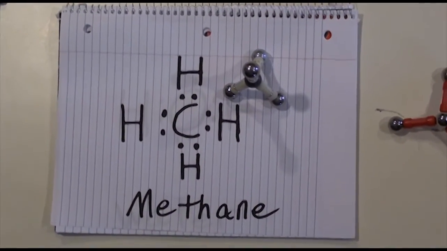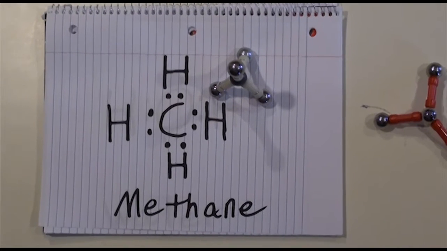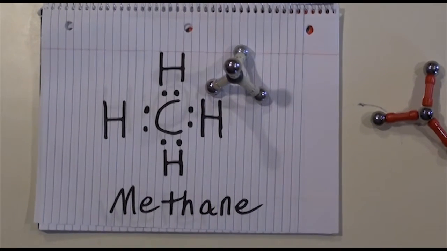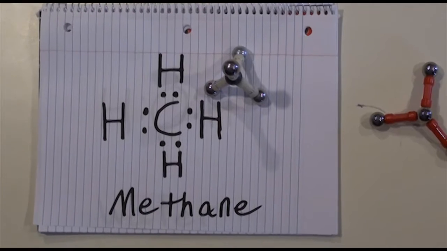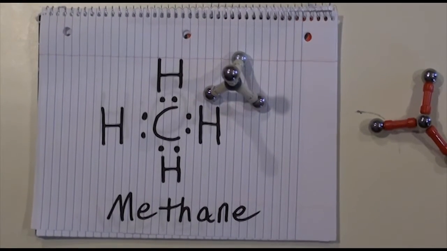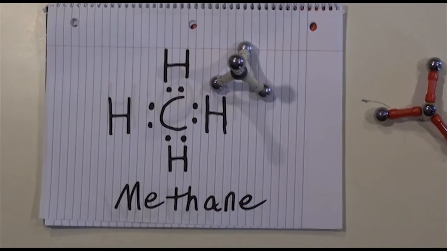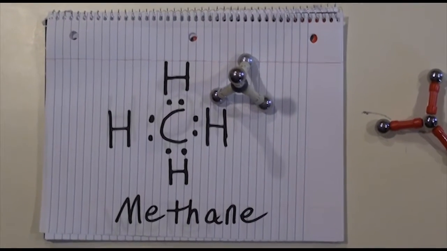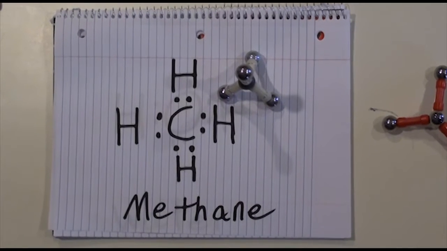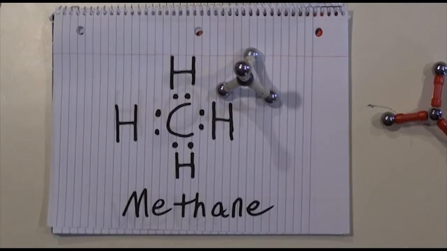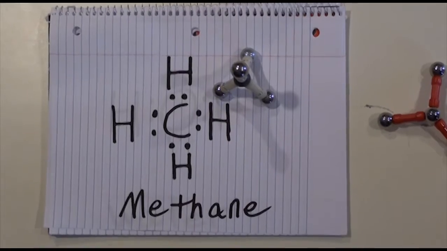Now, a tetrahedral is actually probably the best example to explain how the Vesper Theory, the valence shell electron pair repulsion theory, actually works. The theory is stated as: the repulsion between the sets of valence level electrons surrounding an atom cause these sets to be oriented as far apart as possible.